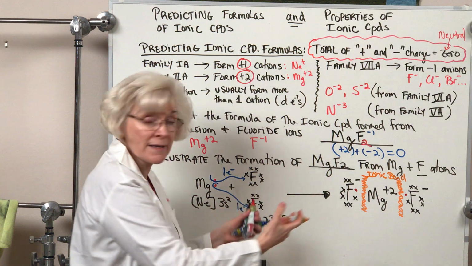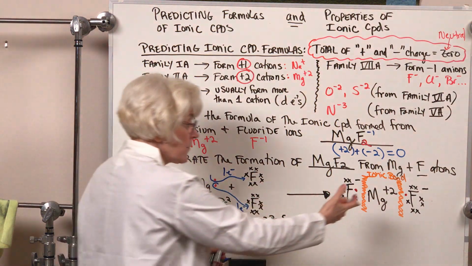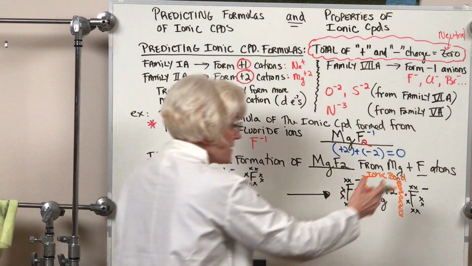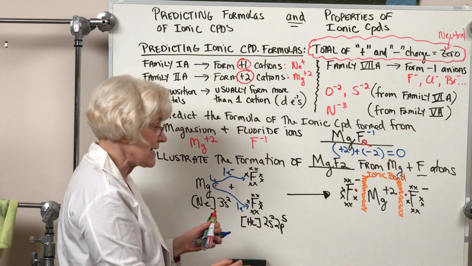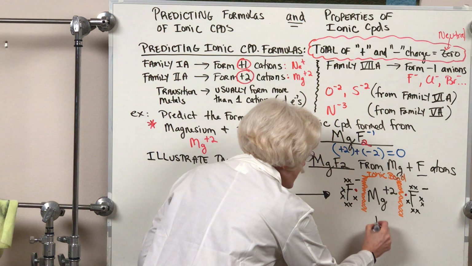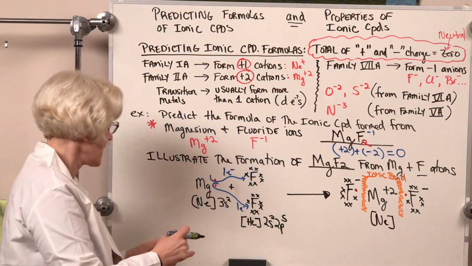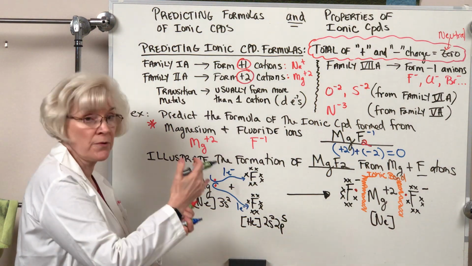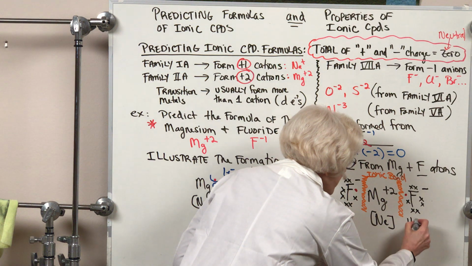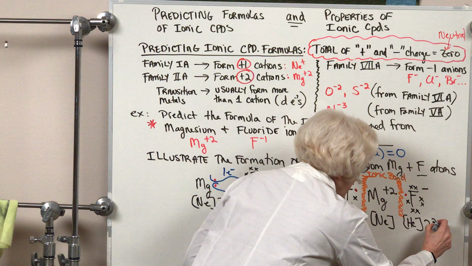And if I had a model of magnesium fluoride, it would be this large three-dimensional array where magnesium ions are surrounded by fluoride ions on all sides and fluoride by magnesium. Looking at the configurations, we see that magnesium now has an octet in its second energy level, directly below what was its valence, and each fluorine now has an octet in their second energy level.